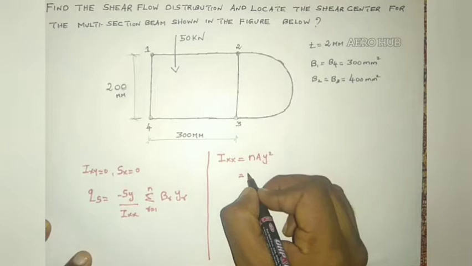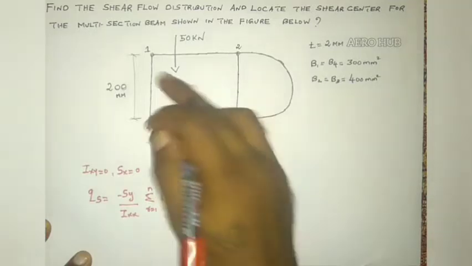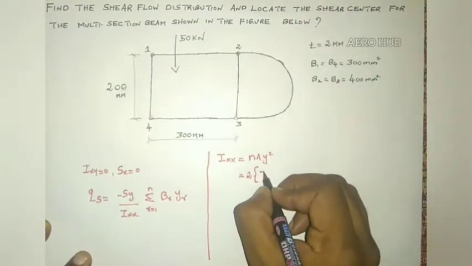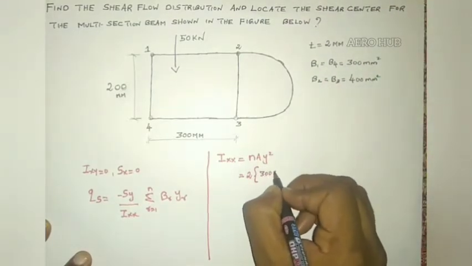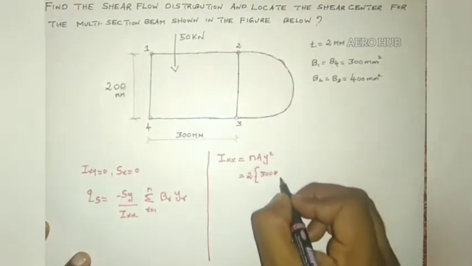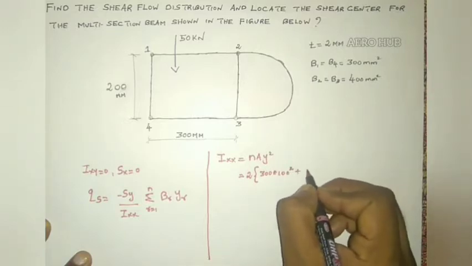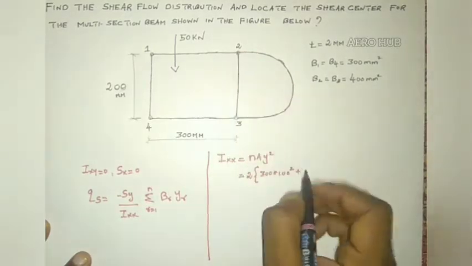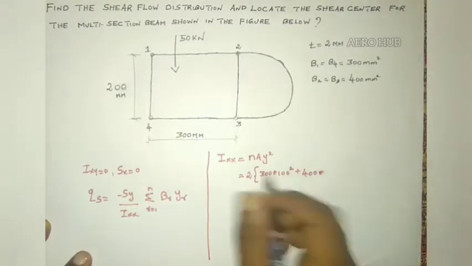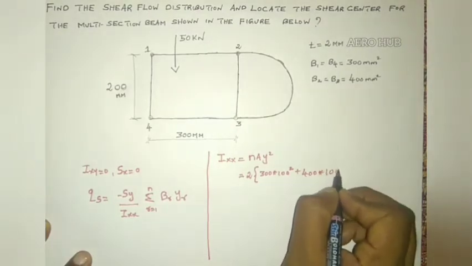Therefore we can write 2 into: B1 and B4 have an area of 300 and the distance from the neutral axis will be 200 by 2, that is 100, squared, plus boom areas B2 and B3 of 400 into the distance from the neutral axis, 100, squared.